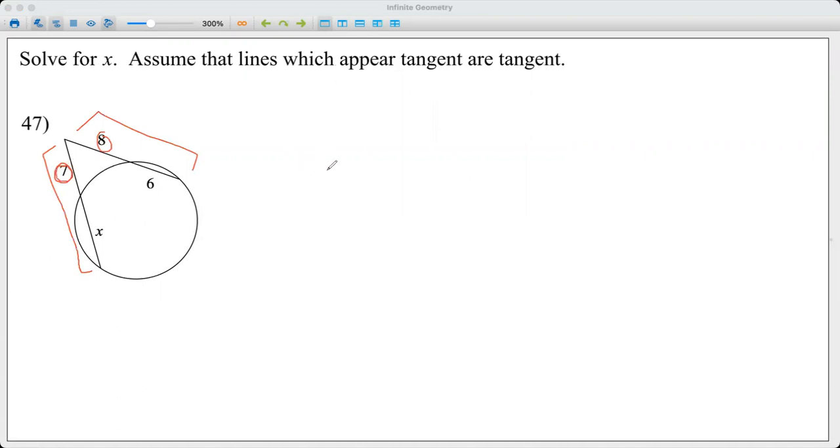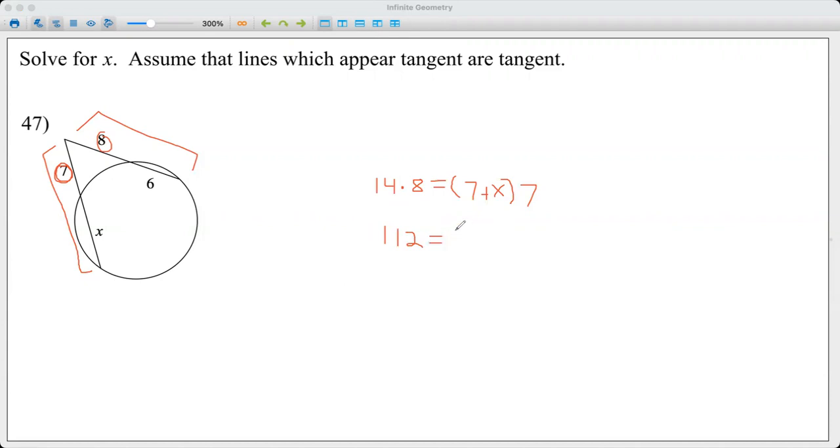All right, so let's see. The whole thing, I'll do the one on the right there. So 8 plus 6 is 14. So 14 times the thing on the outside, which is 8. And that's going to be equal to the whole thing on the other side. Yes, you got to do parentheses. 7 plus x will be the whole thing times the thing on the outside, which is 7. So let's see. 14 times 8 is 112.